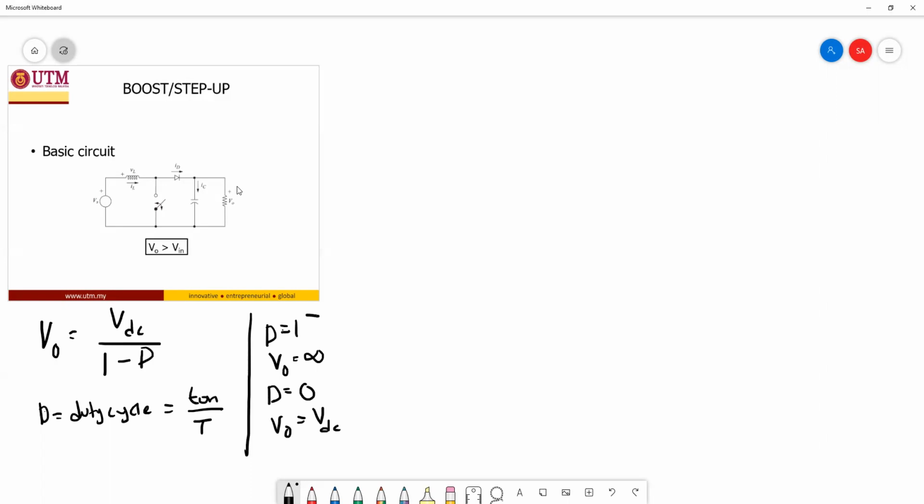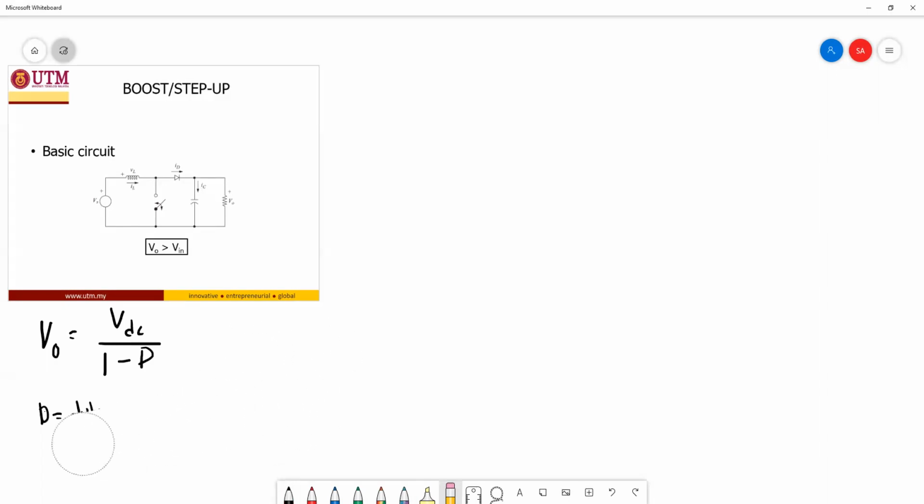But in practical, this cannot be achieved. There are some limitations, so this is not achievable. So we do the analysis to get the relationship between V out and VDC for the boost converter.